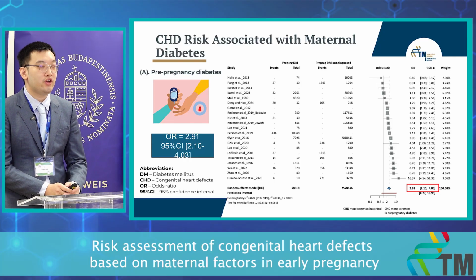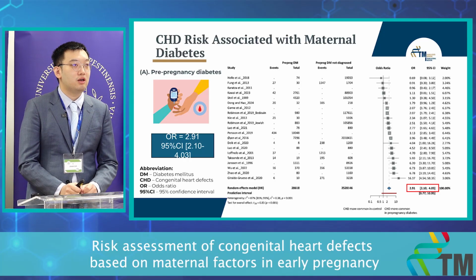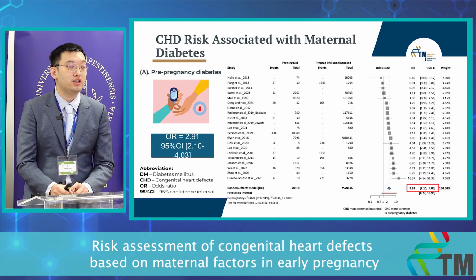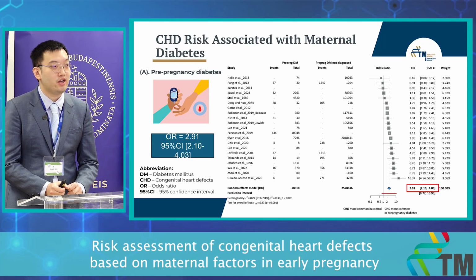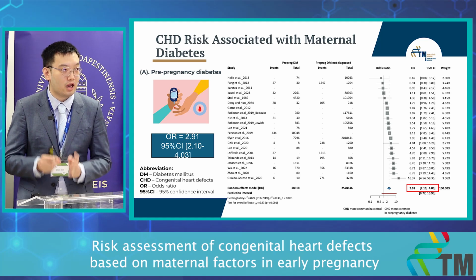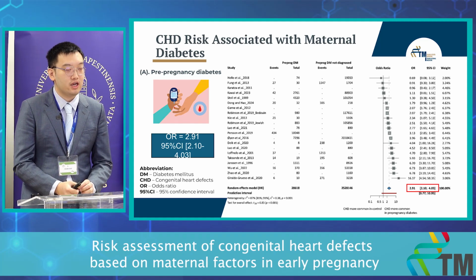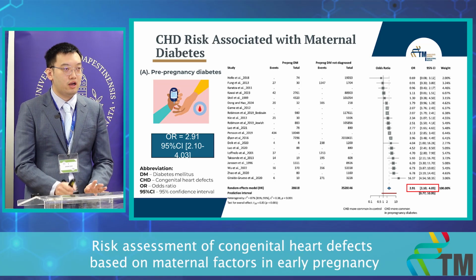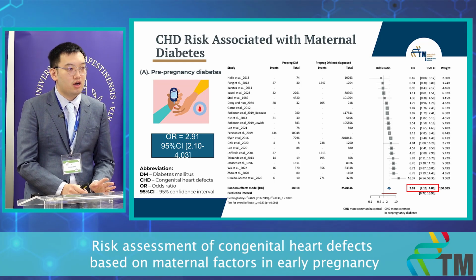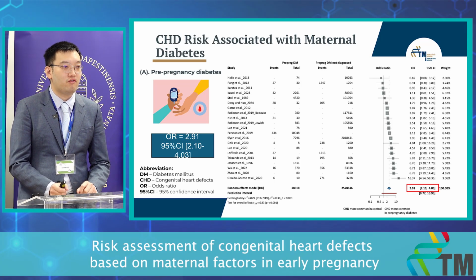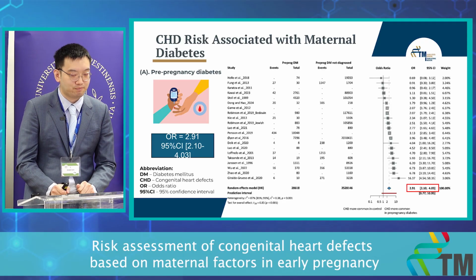As you can see, this figure shows the association between maternal diabetes and congenital birth defects. Pre-pregnancy diabetes is defined as chronic diabetes that happened before the pregnancy, and it was usually diagnosed by the OGTT test and fasting plasma glucose test.